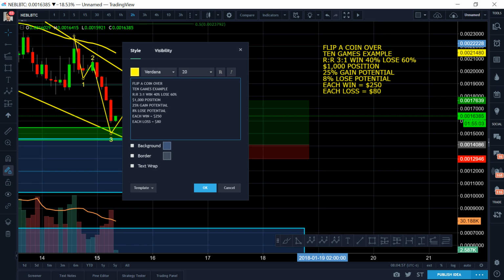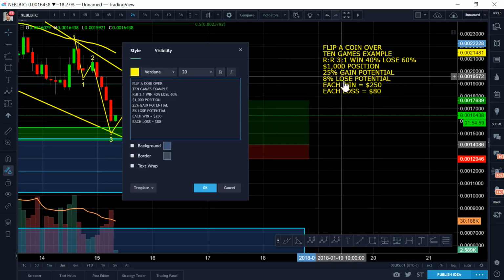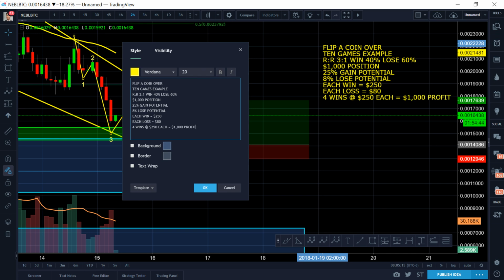Because you have a chance to win 25% of your position, and you have a chance to lose 8% of your position size, which is $80. So now we take 4 wins, because we're losing 40% of the time, at $250 each. That equals $1,000 profit, right? Now we take 6 losses at 80 each.